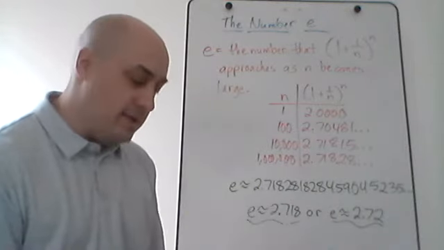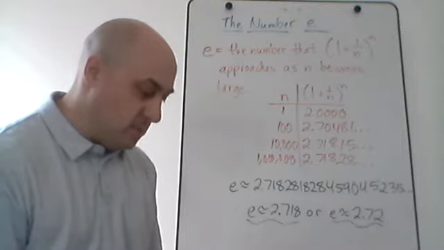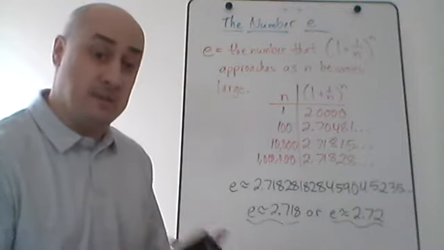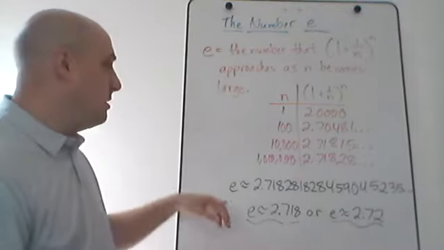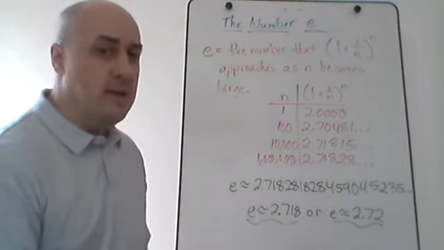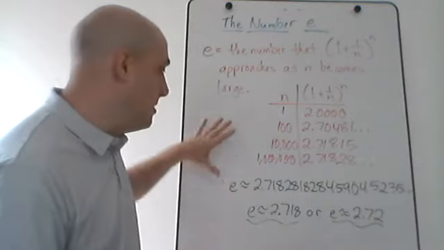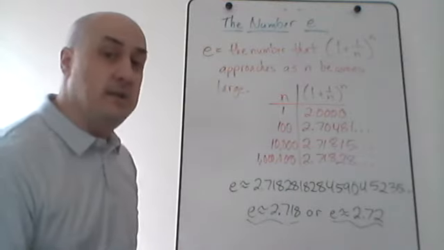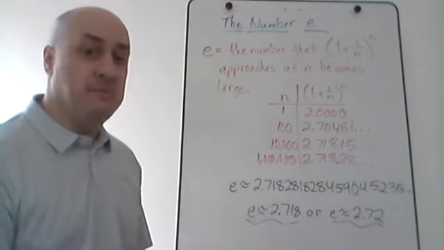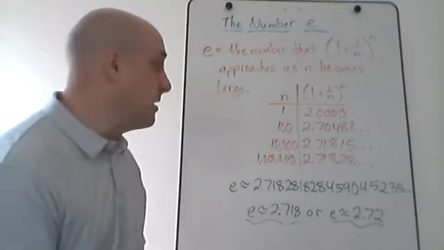Your calculator has that number stored to a certain number of decimal places, just like it has the number pi stored. That gives you a clue as to how important this number is. If it was useless, your calculator wouldn't waste the memory on it. So that's how you can find that number in your calculator when you need it. If you have a different type of calculator, it's probably in there somewhere. You just have to search for it.